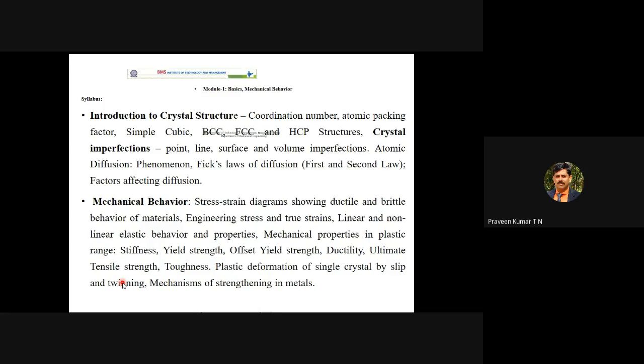For example, analyzing the behavior of a crowd may be difficult, but analyzing one person in the crowd is easy. Similarly, your metal is a polycrystalline material. Analyzing the behavior of each and every crystal may be difficult, but we can analyze a single crystal. That's why we study how deformation takes place at the microscopic level in the crystallographic level.